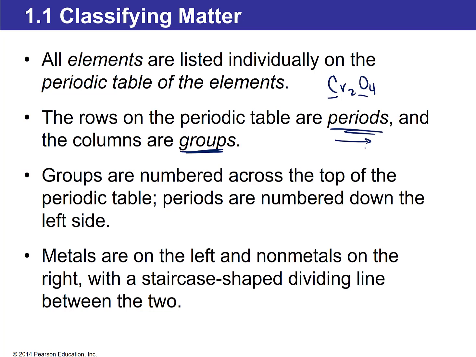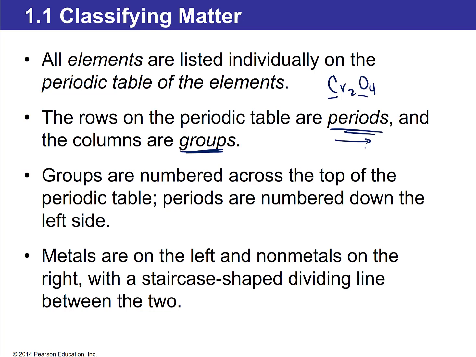Now the groups, they actually found that some elements had similar properties, and it really is what led to the development of the periodic table. So everything in that first column, they behave a lot alike. So H, Li, Na, K, Rb, Cs, and Fr, they have very similar properties. So they act the same.